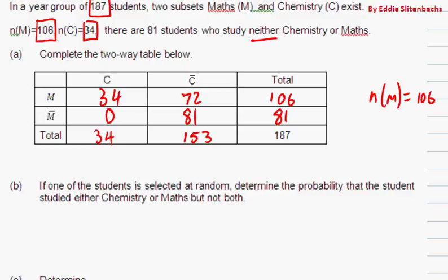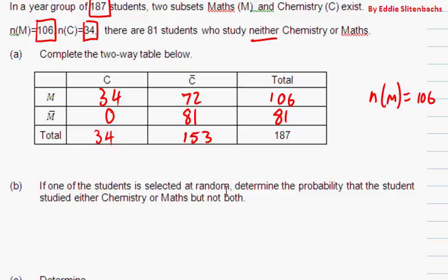So for B of this particular question, it says if one of the students is selected at random, determine the probability that the student studied either chemistry or maths but not both. So either chemistry or maths but not both.